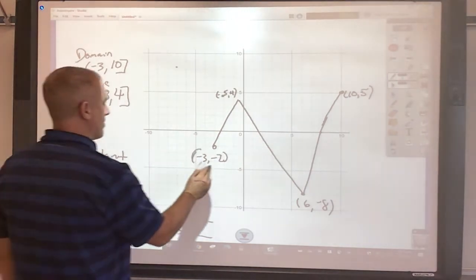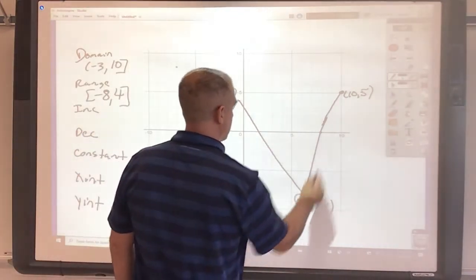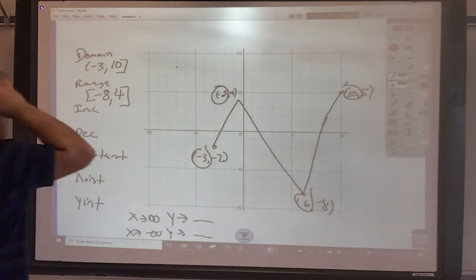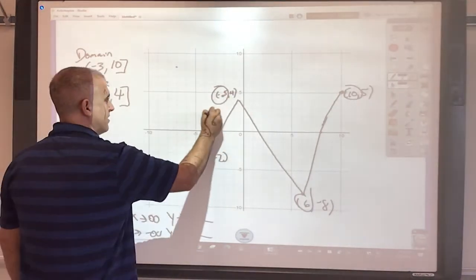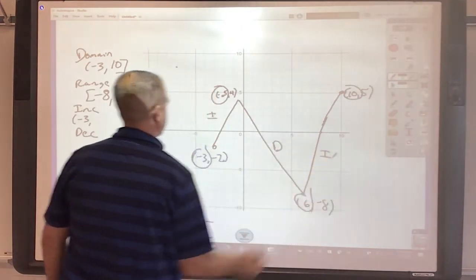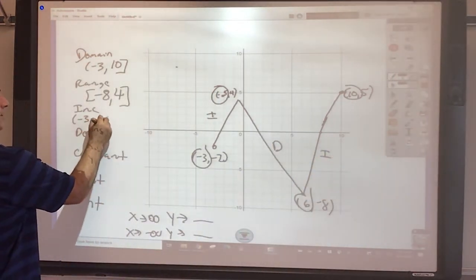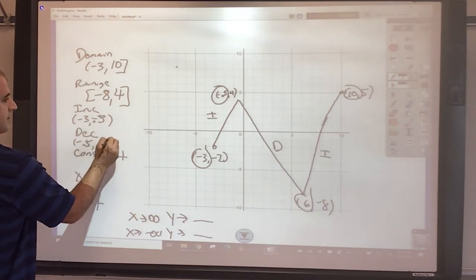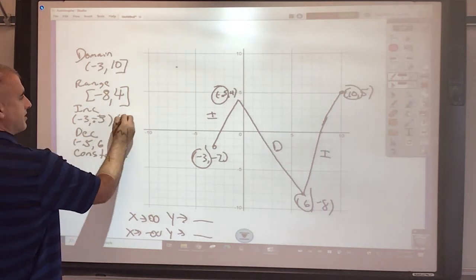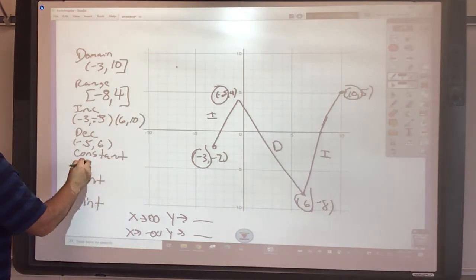For increasing, decreasing, all I care about are these. So it is increasing from -3 to -0.5. This would be an increase, decrease, increase. Then from -0.5 to 6, I'm decreasing, and then from 6 to 10, I'm increasing. There is no constant.